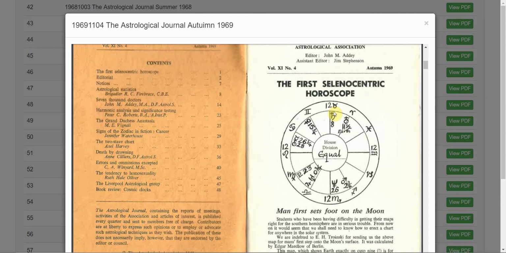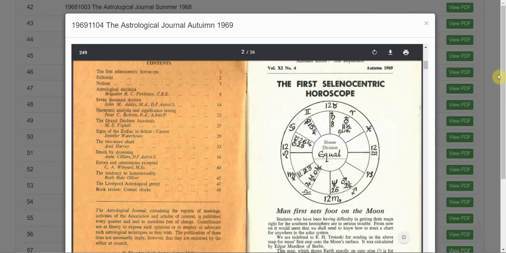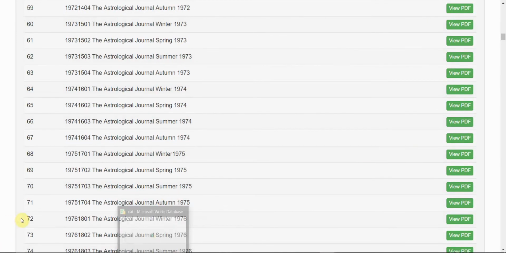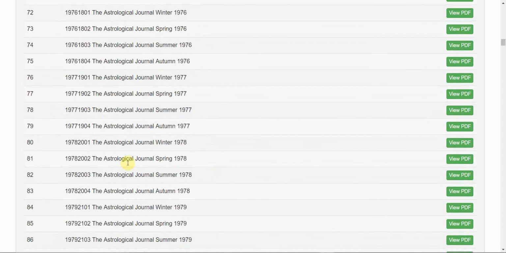Of course, to print things in these early days was very expensive, and therefore the standard display was basic, but the content is far from basic. So moving on another 10 years, we come to January 1979.